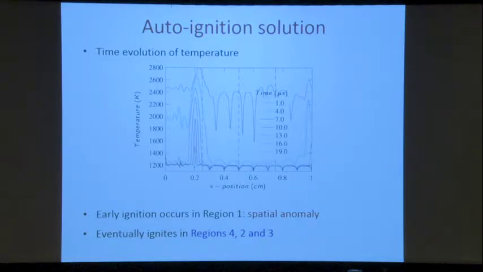And then the rest of the domains 2, 3, and 4 also autoignite, but at later times. And it ignites in the order of domain 1, region 4, followed by region 2, followed by region 3. And so we want to see if we can detect the early ignition in region 1, which we're calling our spatial anomaly. And then eventually, as I said, this ignites in the other regions too.